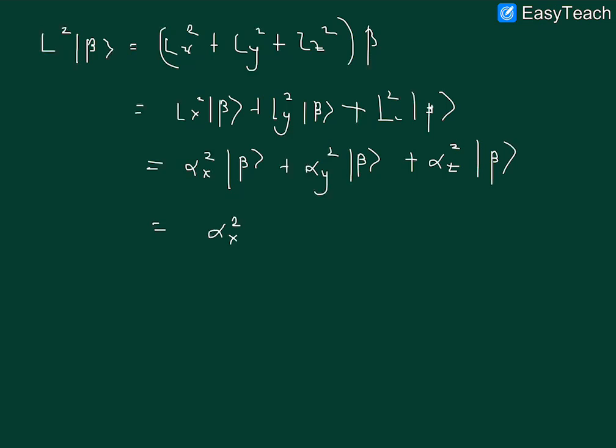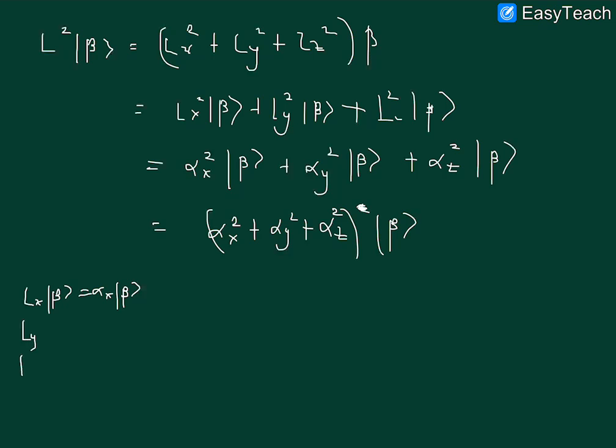So that becomes alpha x square plus alpha y square plus alpha z square beta. Okay, now one thing that we must notice is that Lx has been applied twice. So Lx beta is nothing but alpha x beta, and similarly for Ly and Lz.